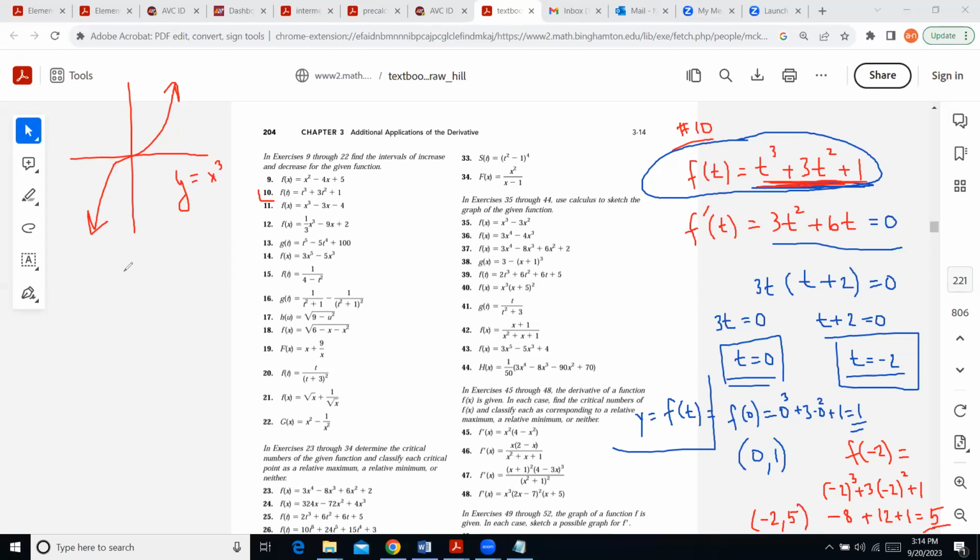So I'm going to try to graph now the function that is analogous to what we have above for the cubic parabola, because our biggest power here is t to the power of 3. So first point is 0 for x and 1 for y. That's my point with coordinates 0 and 1, somewhere on the y-axis. And the second point with coordinates negative 2 and 5.